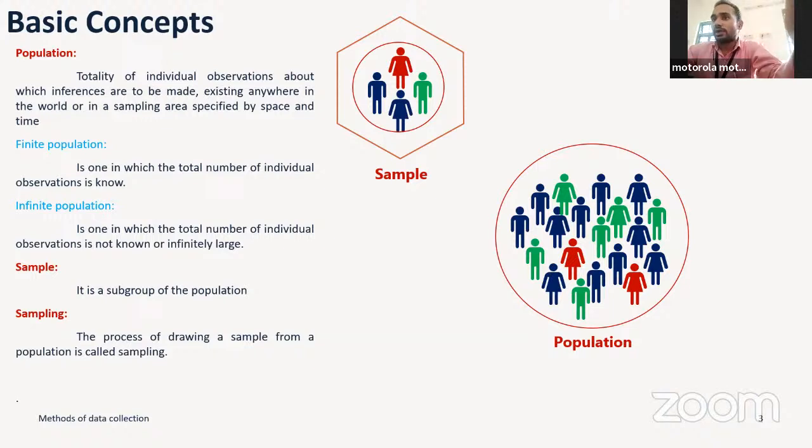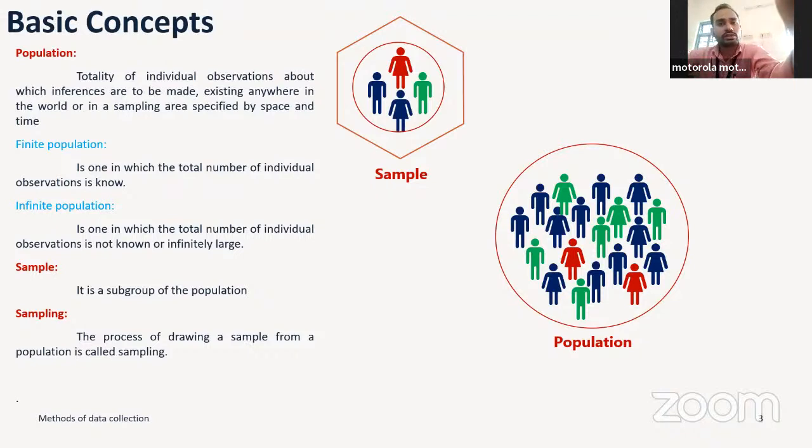It may be finite or infinite. If we know the number of each and every individual included in our study, then we call it a finite population. But if we don't know the total number of individuals included in our population, we call it an infinite population.